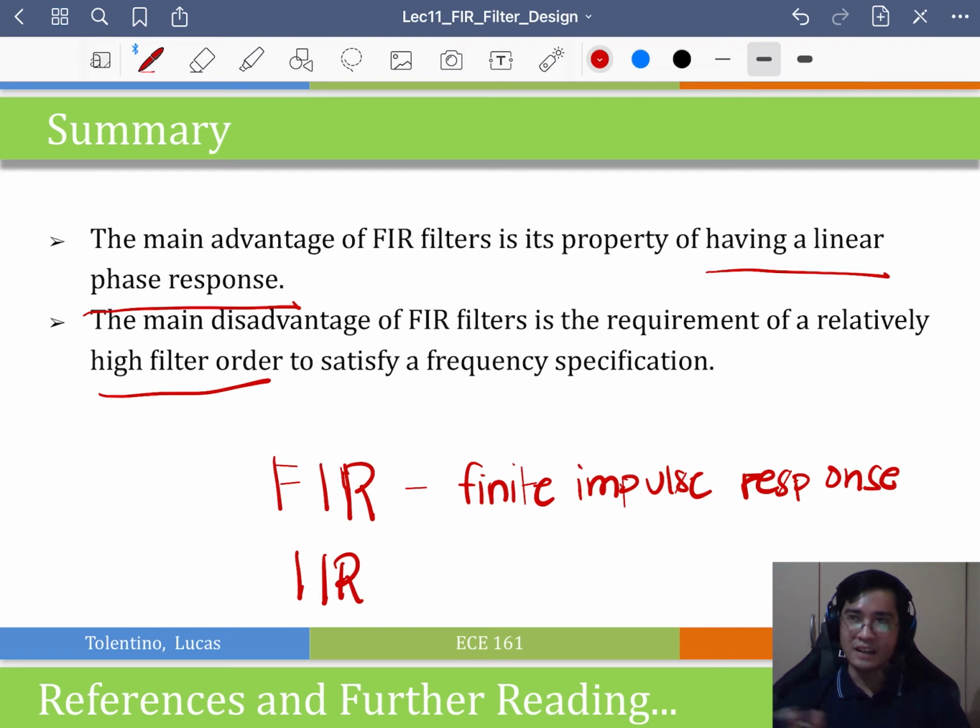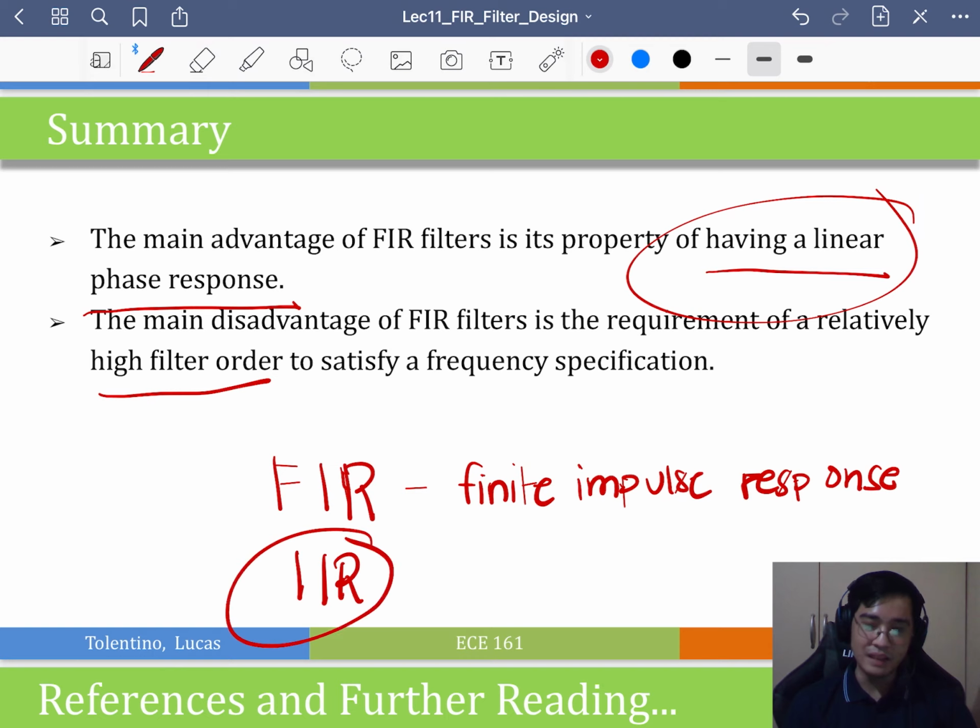IIR in general doesn't have this property, which we love about FIR. But the good thing is, since we have an infinite number of samples, we can satisfy the same frequency specs with a lower order and lower memory required.